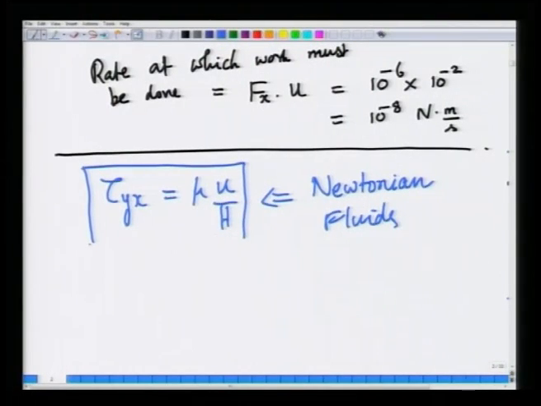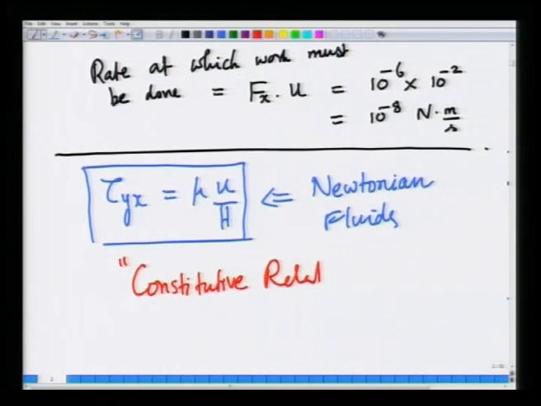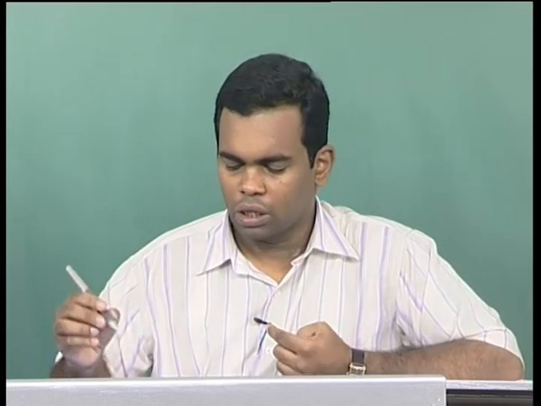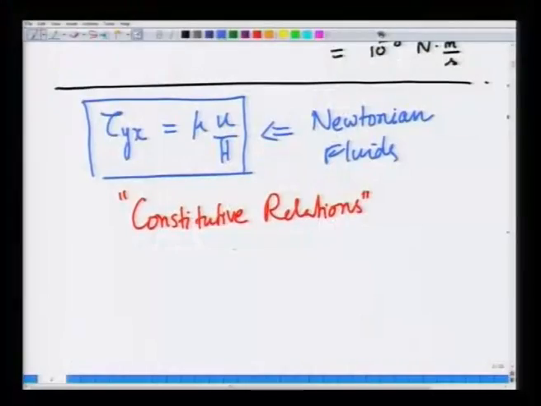So, this is a material behavior, and we will see later that such relations are called constitutive relations. These describe specific behavior of how a given fluid flows or responds to external applied stresses. There are fluids which do not obey this, for example, slurries and solutions of polymers, molten plastics and so on. Such fluids are called non-Newtonian fluids.